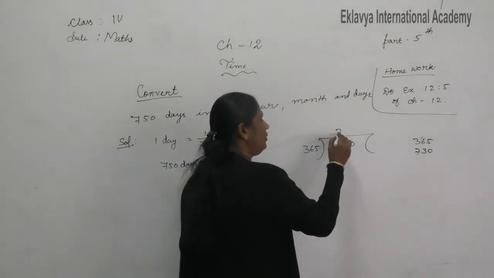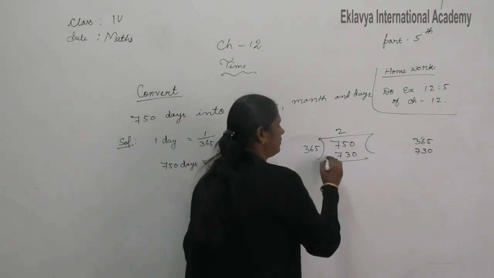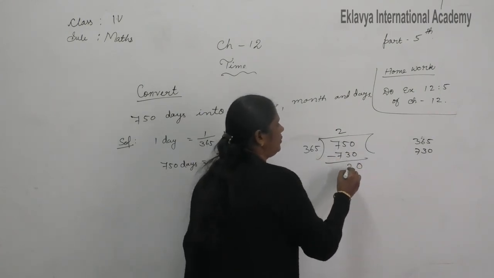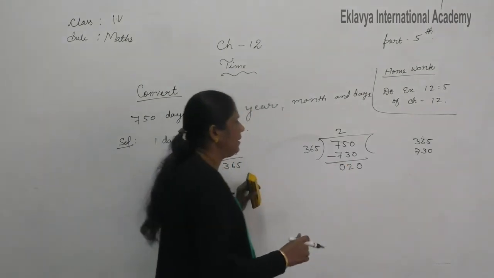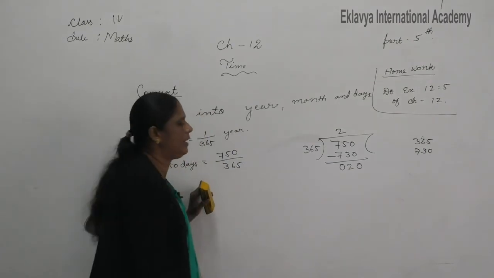How many times does it go? 2 times, 730. Then subtract: 20. This is 2 years and 20 remainder comes.